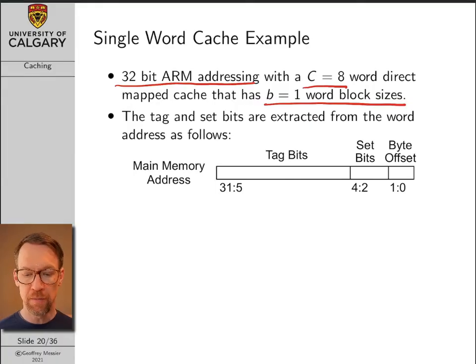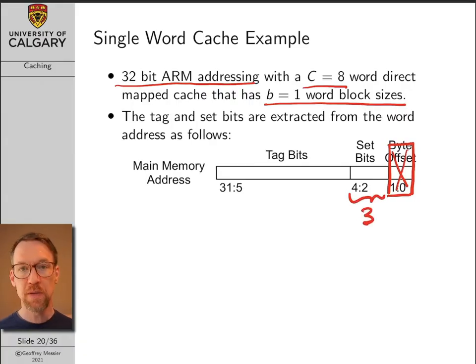And so since we're using byte level addressing, we know that our addresses go up in increments of 4. And so our byte offset is basically the first 2 bits of our address. And these are essentially unused. We have a cache capacity of 8, and so we basically need to use the next 3 bits to figure out where we map into our cache, what set we map into our cache.